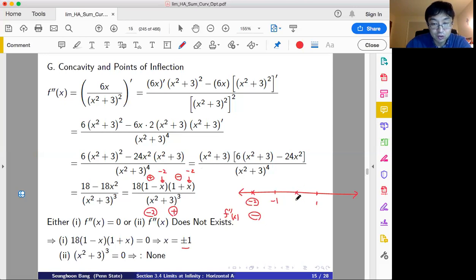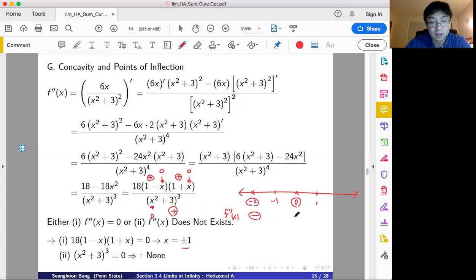You can choose test number 0, between -1 and 1. You plug 0 into x. 1 minus 0 is positive. 1 plus 0 is also positive. 0 squared plus 3, cubed, is positive.